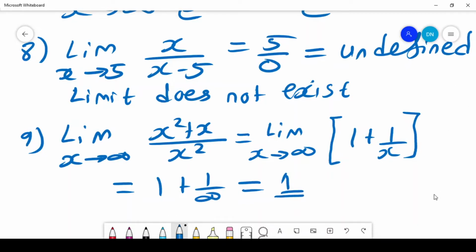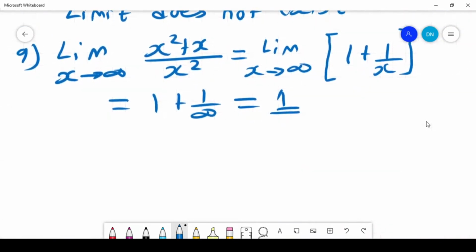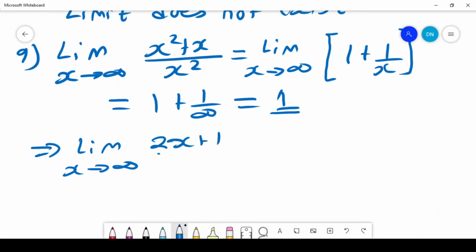I could have still used L'Hopital's rule because infinity over infinity is also tricky. If I was to use L'Hopital's rule, then it will be the limit as x tends to infinity. I differentiate the numerator, it will be 2x plus 1. I differentiate the denominator, it will be 2x.